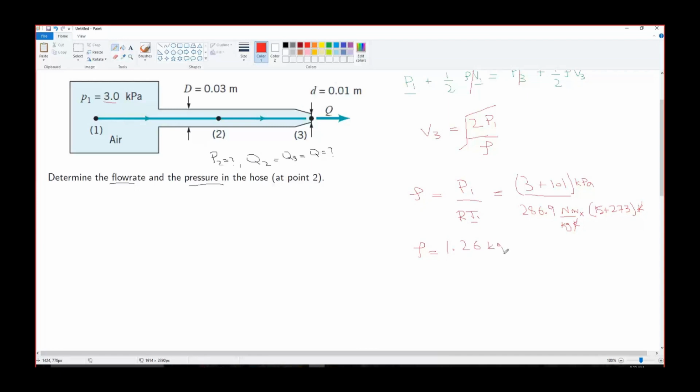Okay. Clear? You can work out the units. Now we can calculate V3 easily. V3 would be equal to the square root of 2 into 3 divided by density, which is 1.26.